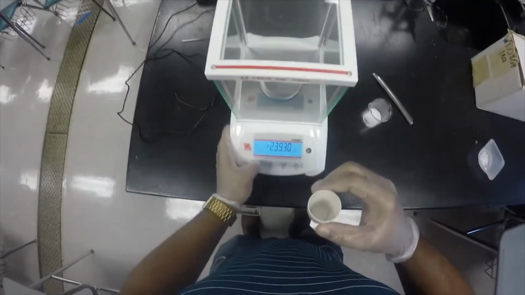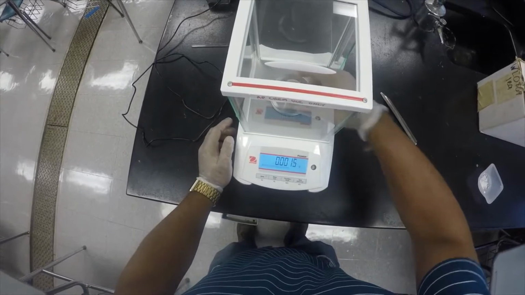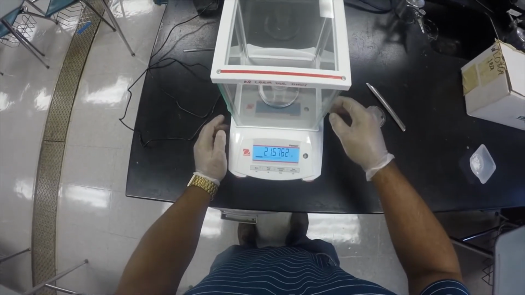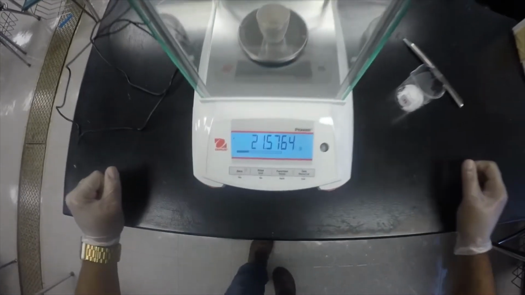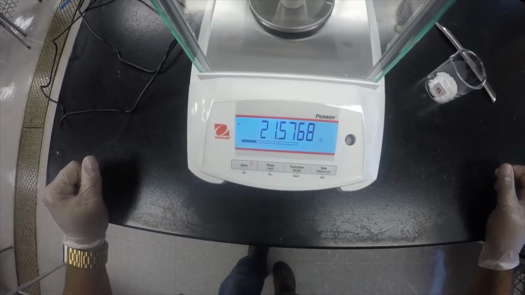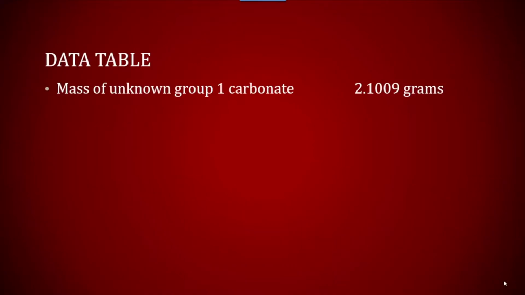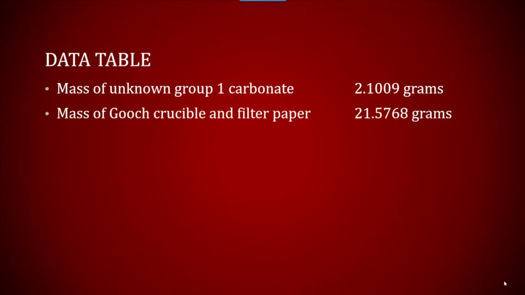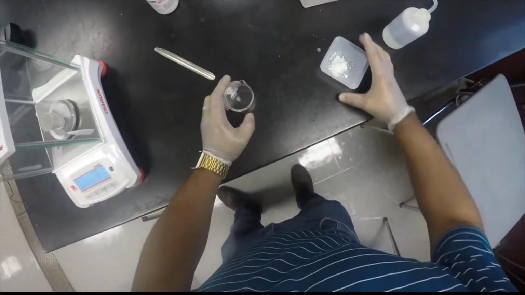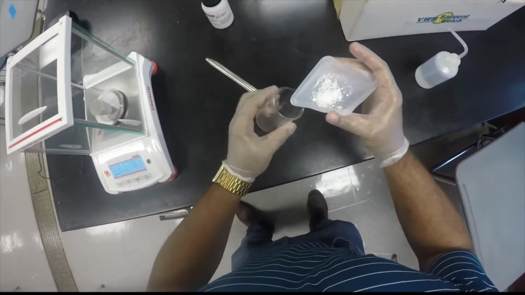Let me zero out my scale again, place that on top. Okay, so note the mass of the crucible and the filter paper is 21.5768 grams.